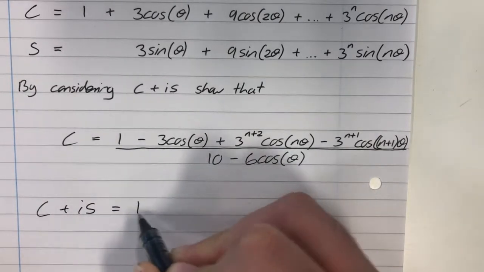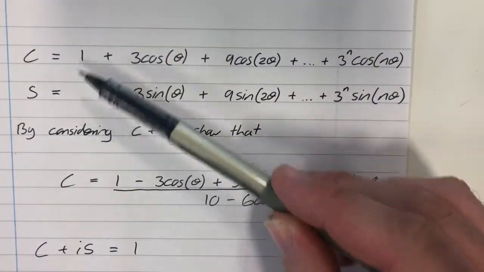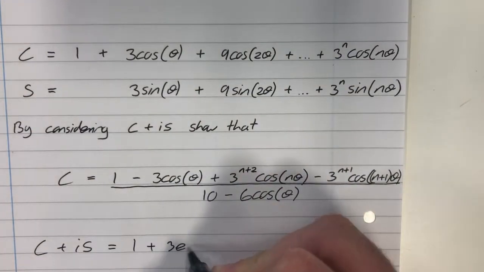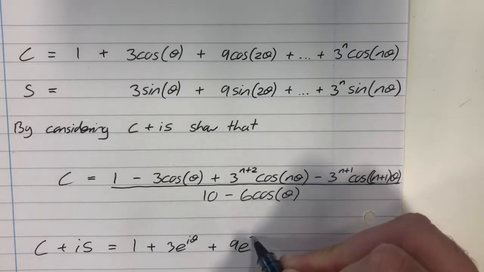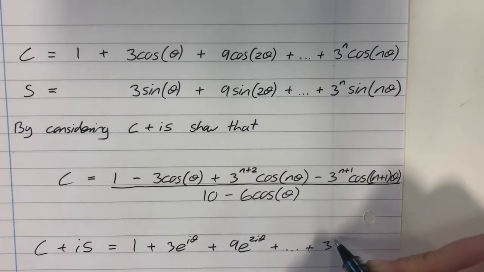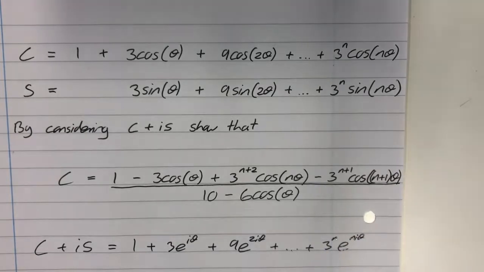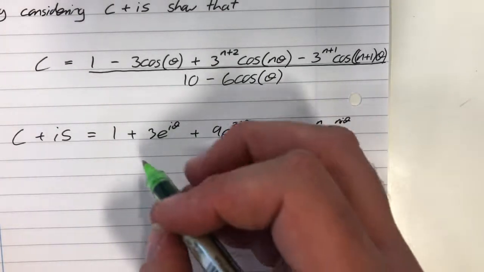C plus iS is going to be 1. Okay, there's no other constant term. Plus 3e to the i theta plus 9e to the 2i theta plus dot dot dot plus 3 to the n e to the ni theta. So it's still a geometric series, it's just a finite one now.